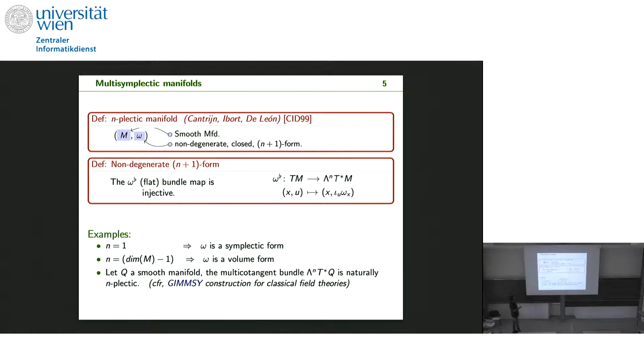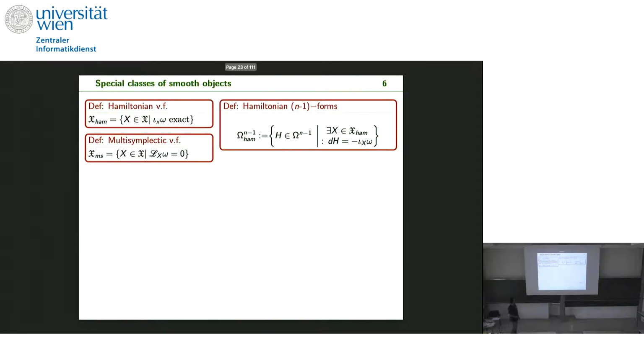And there is a famous or infamous construction given by GIMMSY, an acronym for Gotay, Isenberg, Marsden, and so on. They give a procedure to construct a multisymplectic manifold out of any configuration bundle, so out of any classical field theory. There are plenty of examples, and some more.